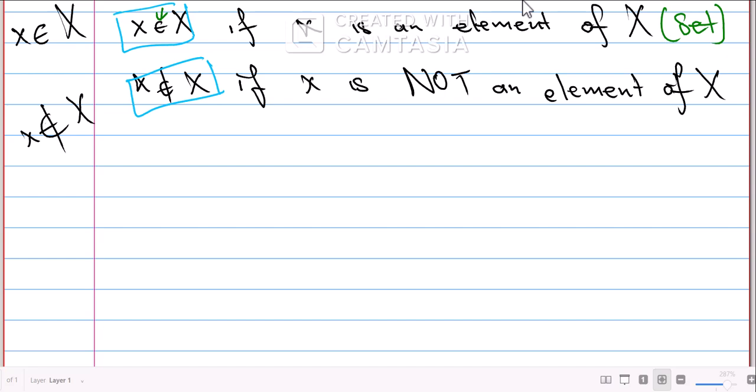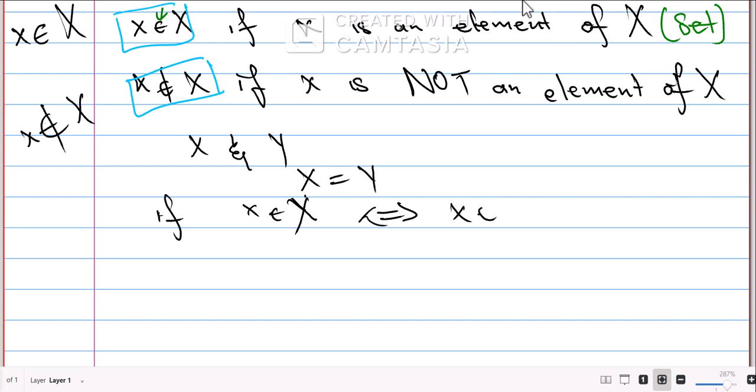Let's consider these two sets, X and Y. We say X and Y are equal if and only if x is an element of X exactly when x is an element of Y. So all the elements in X are in Y, and all the elements in Y are in X. If this is satisfied, we say these sets are equal.